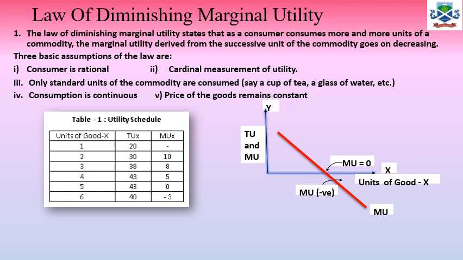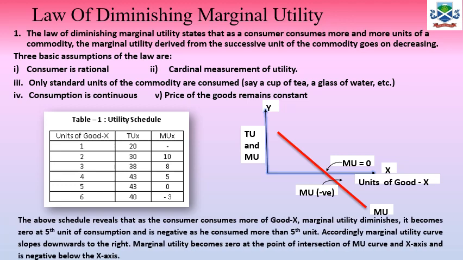The marginal utility curve intersects the x-axis at the point where marginal utility becomes 0, and after that, if you start consuming more units, you will get negative marginal utility. So the marginal utility curve starts from the positive quadrant and then moves to the negative quadrant.